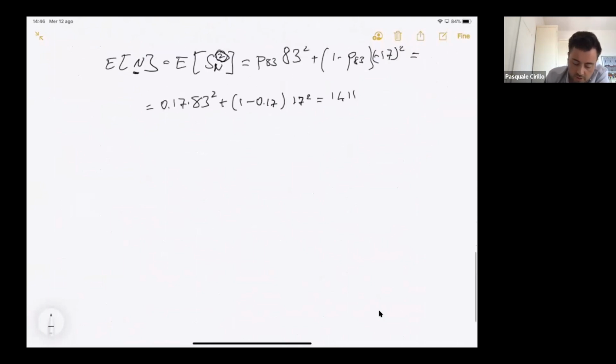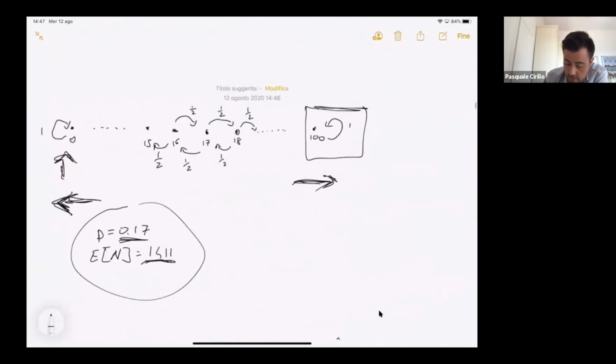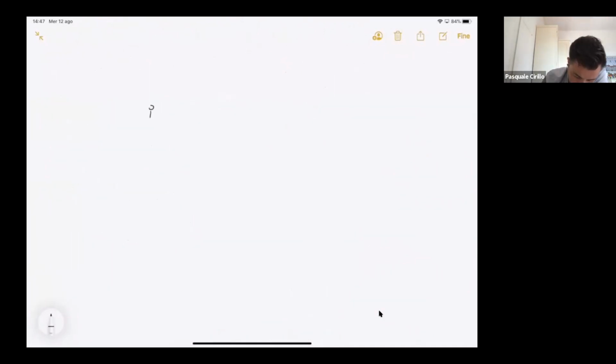So imagine that instead of having states 83 and minus 17, you want to know the probability for your random walk, your drunk man, who starts from 0 and moves between two limits, a limit minus B and a limit A. In our case it was minus 17 and 83. That means A is equal to 83 and B is equal to 17, because you also have the minus here.